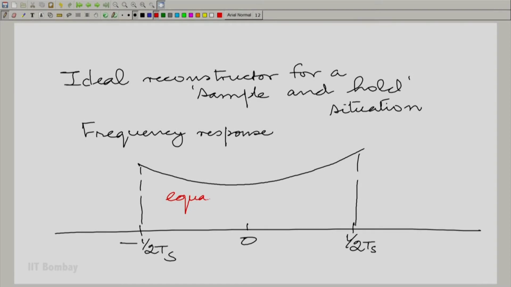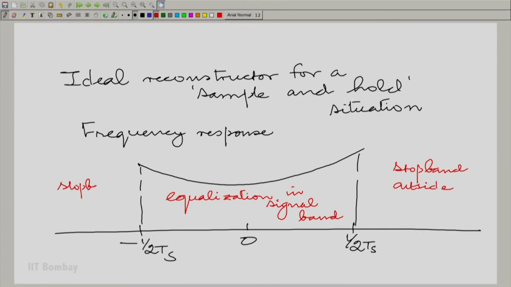The ideal reconstructor needs to do equalization in the signal band, and stop everything outside the signal band, and you know the nature of equalization that is required. In other words, when you have sampling and holding in the operation, the ideal reconstructor is not going to be flat in the signal band. That is what we need to understand.